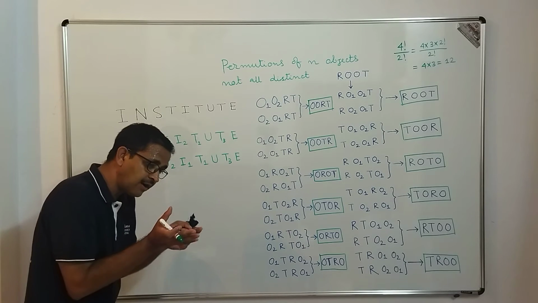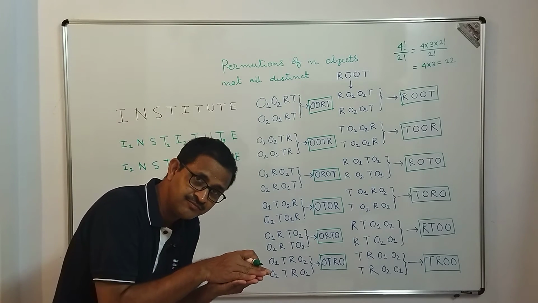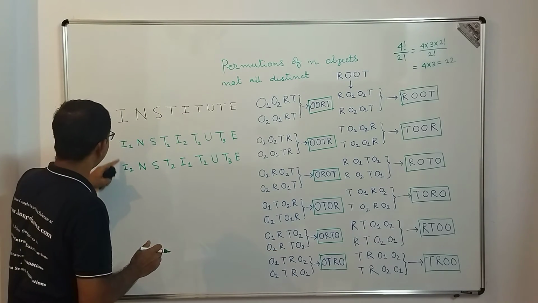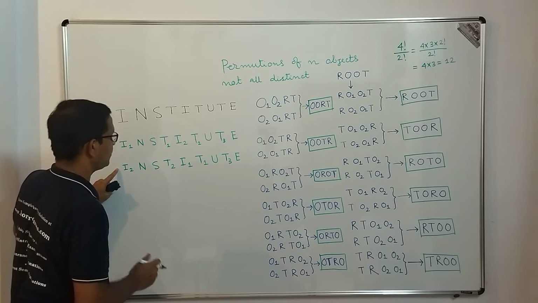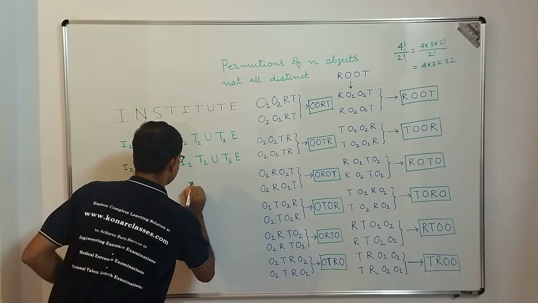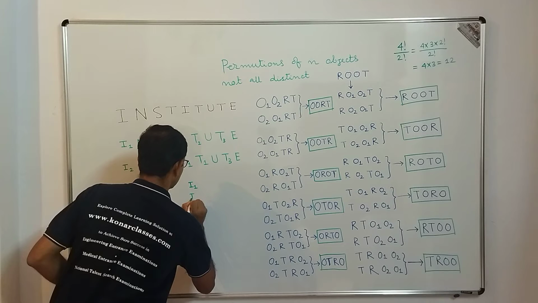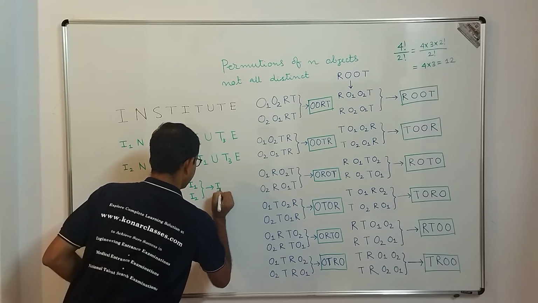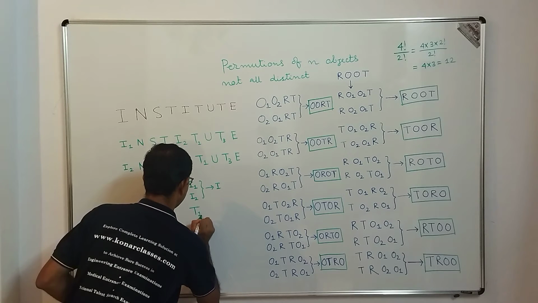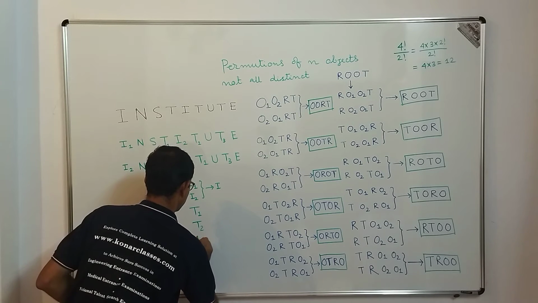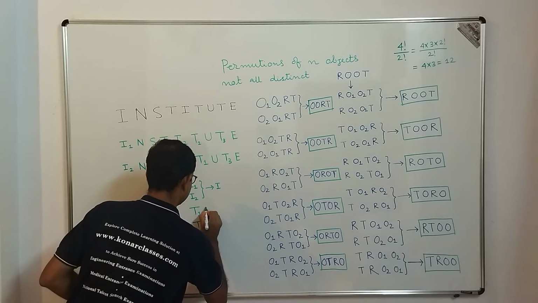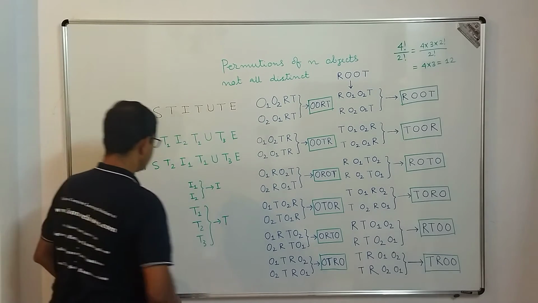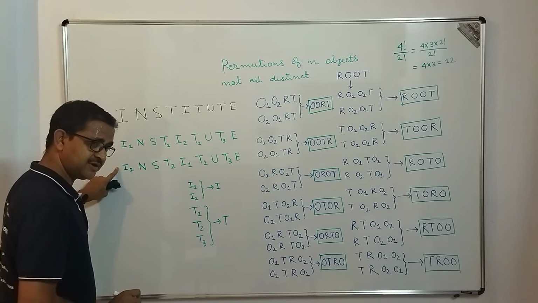But the moment we club I1 and I2 into I, and T1, T2, T3 into T, then these two arrangements are exactly the same. So now these two are the same arrangements.